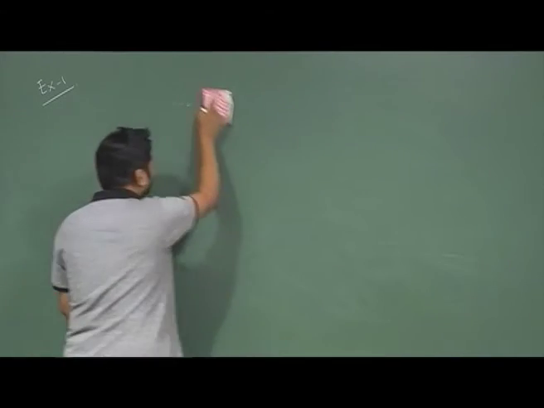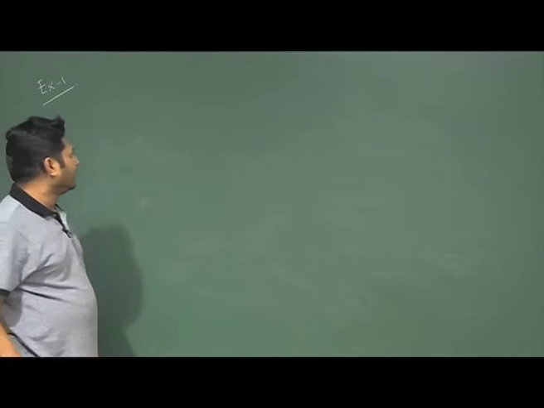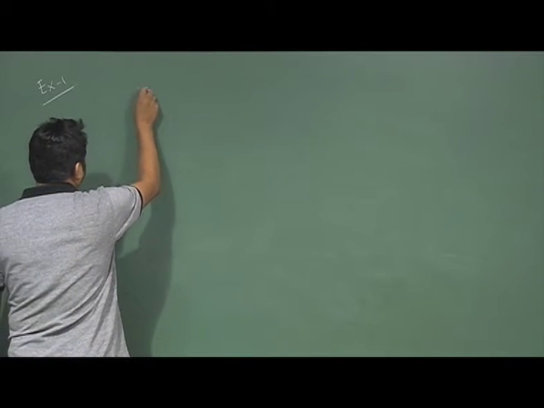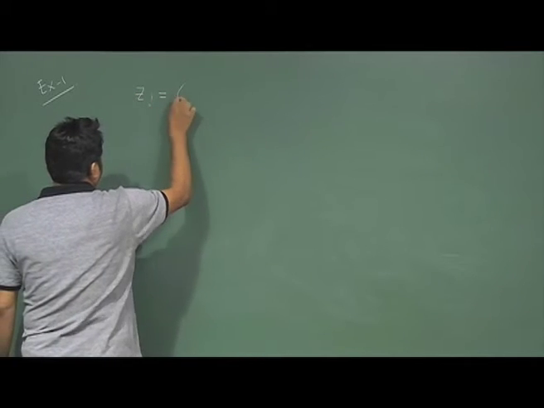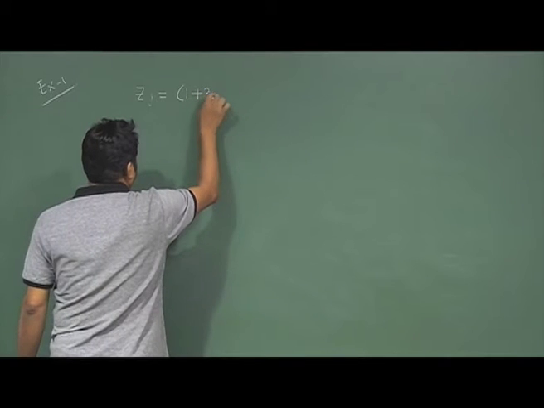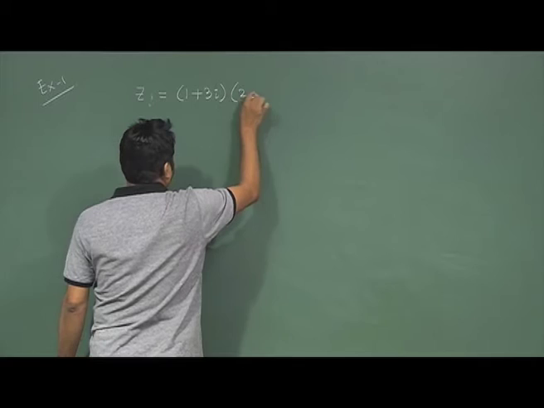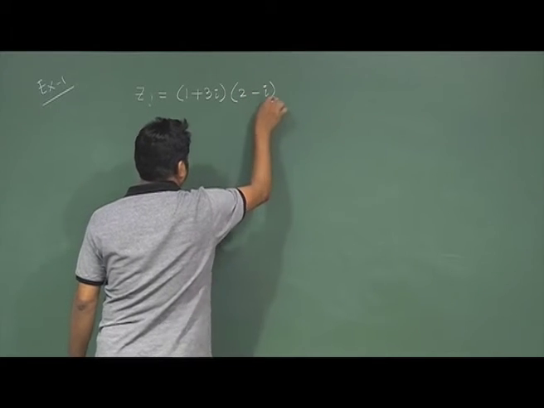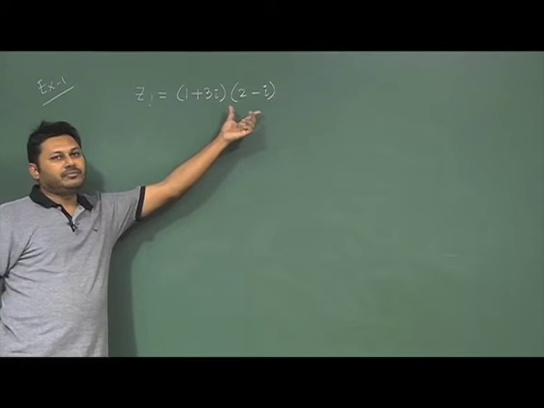a similar kind of problem may be given to you, but instead of having a plus sign, for example, z is (1 plus 3i) times (2 minus i). Again you need to find out what the real part is, because it is a multiplicative form.